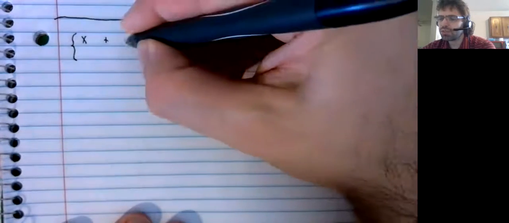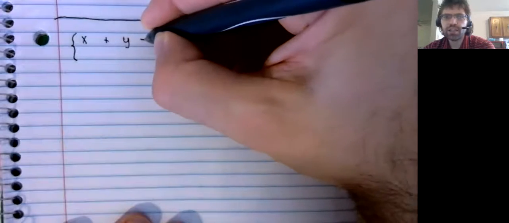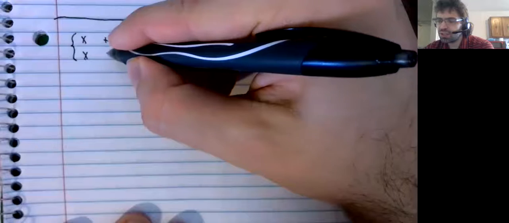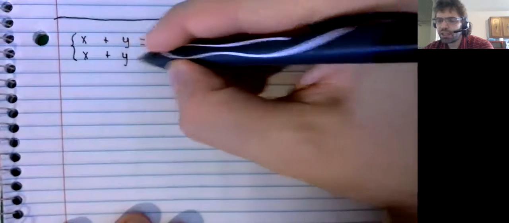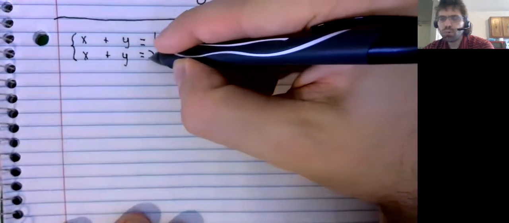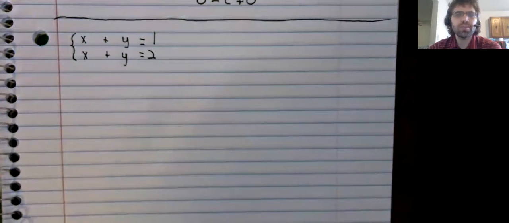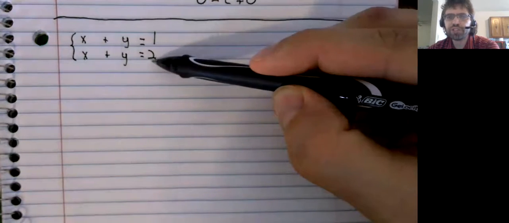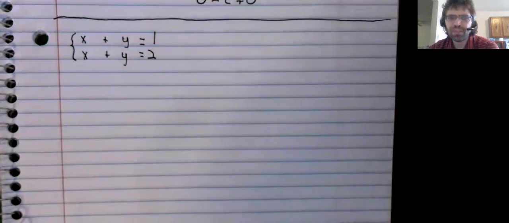Consider the inconsistent system x plus y equals 1, x plus y equals 2. This is clearly inconsistent because x plus y is being set to two different things.